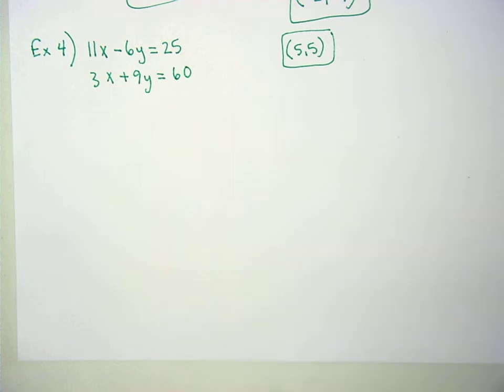We got x's cancel out, so now we got 99 plus 18, equals 585. Divide by 117.